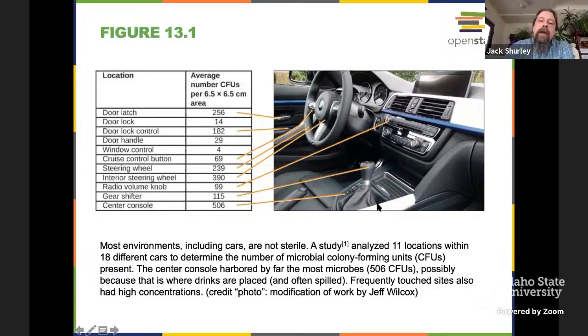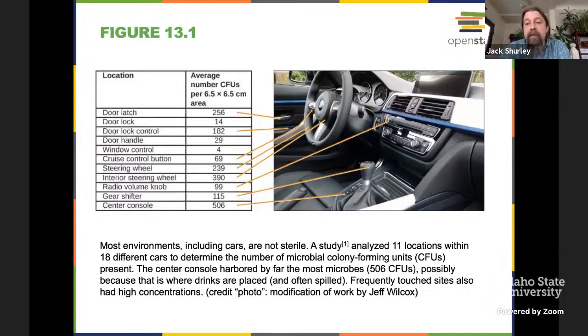So in this case, we start off looking at the inside of somebody's car. This reminds me of the very first lab, although you did not have the opportunity to go out and swab whatever you really felt like. You just swabbed a few things to see what sorts of organisms are potentially able to be isolated from the environment.